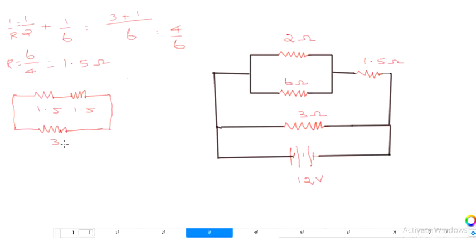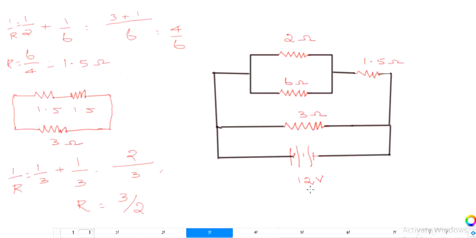Because both are in parallel, 1 by R equals 1 by 3 plus 1 by 3, which is equal to 2 by 3, or resistance equals 3 by 2. That means the total resistance of the circuit is 3 by 2.